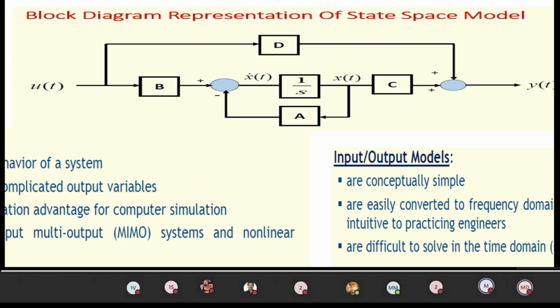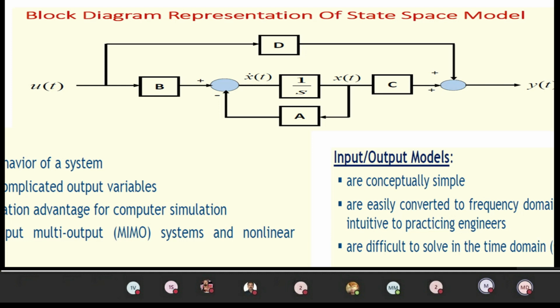Then we can go for the block diagram representation of the state space model, or otherwise we can also call it a state diagram. In the normal method, the system can be pictorially represented by means of a block diagram. Similarly, in the state space model, the system can be represented pictorially, and that is called a state diagram. Both are the same, therefore we call this a block diagram representation of a state model.